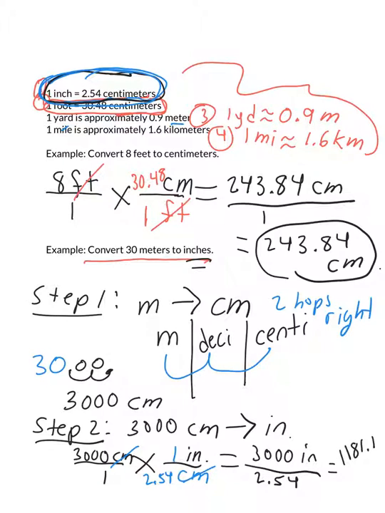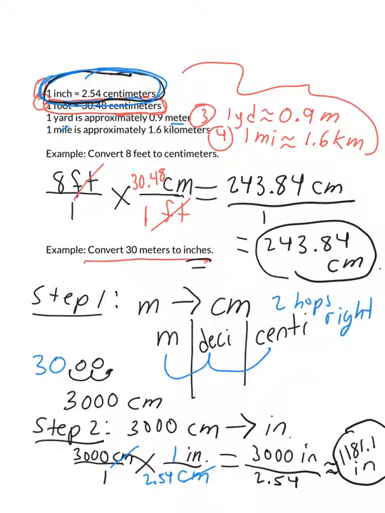So nearest hundredth, 0.10. Nearest tenth would be 0.1. Let's go with nearest tenth for a change. And that's inches. Let me change that to an approximately symbol because I did have to round that. 1181.1 inches, final answer.